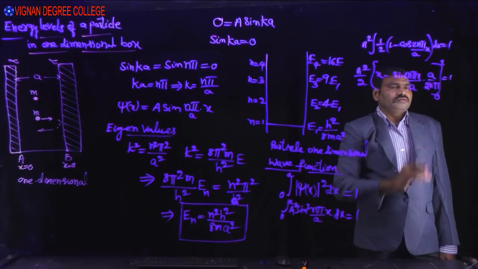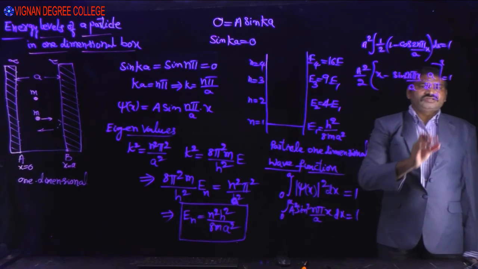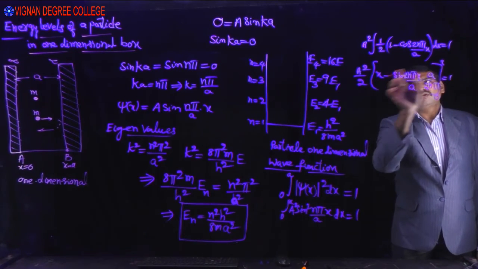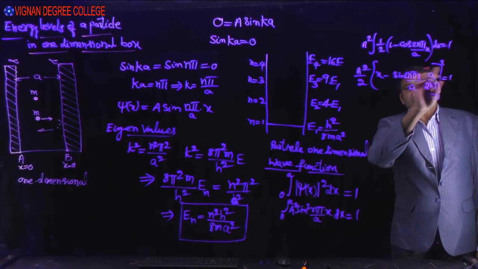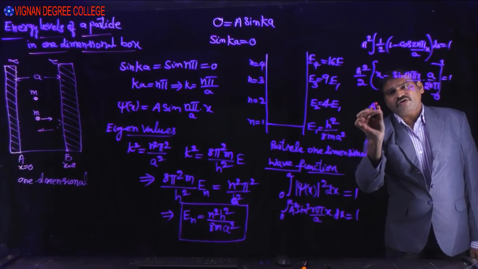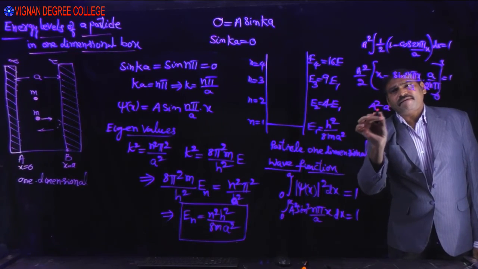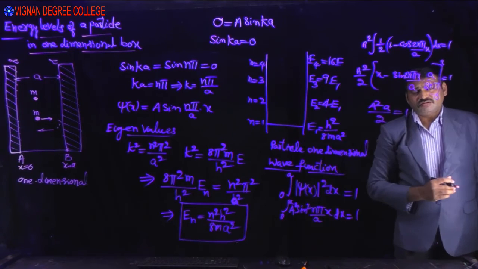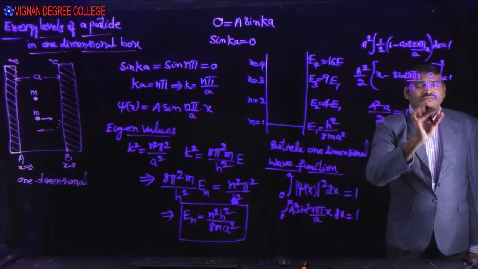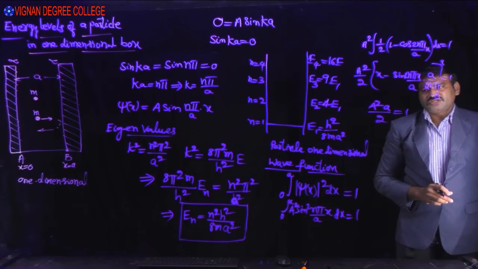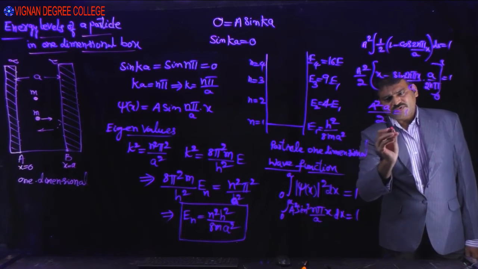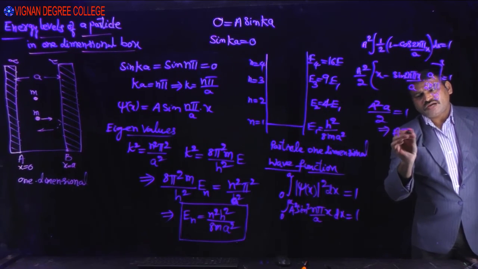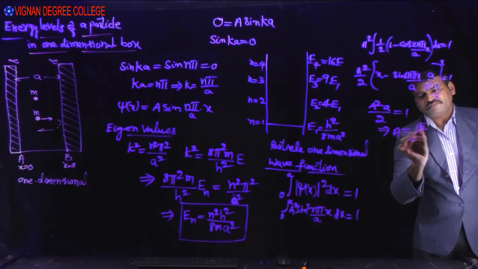By applying limits, when we apply 0, x is equal to 0. When we apply x equal to a, we get A square a by 2 is equal to 1. The sine function becomes 0 by applying the lower limit and upper limit. From this, A square is equal to 2 by a, and A is equal to square root of 2 by a.